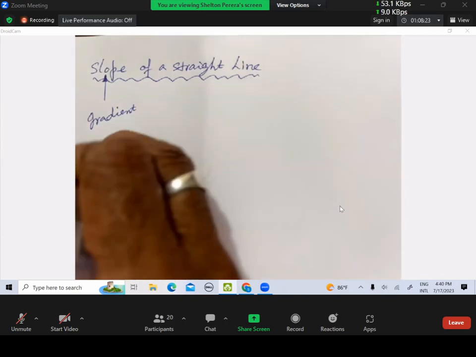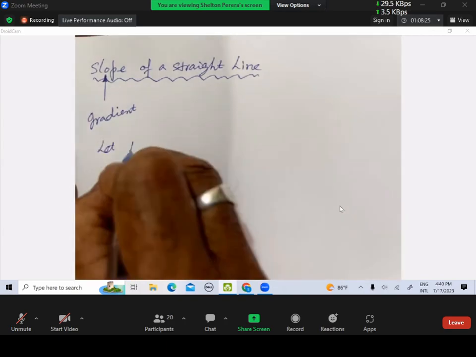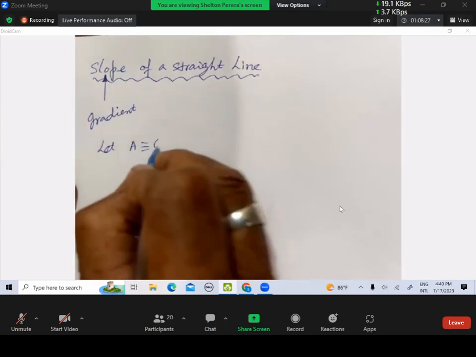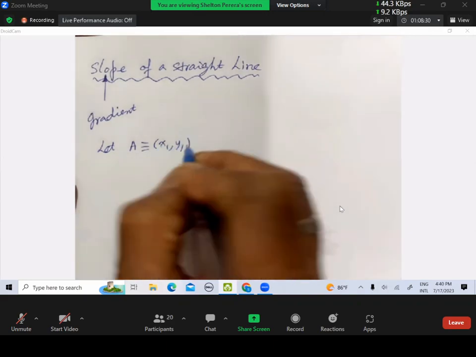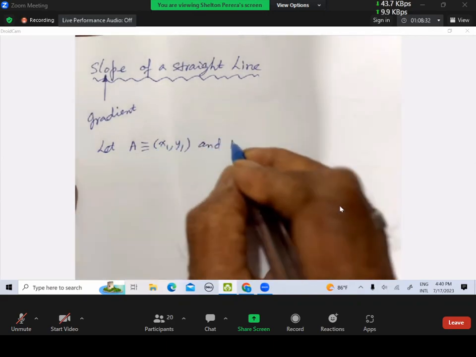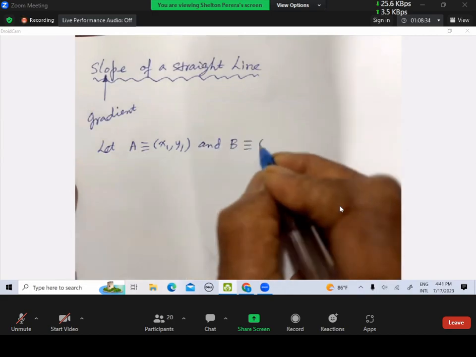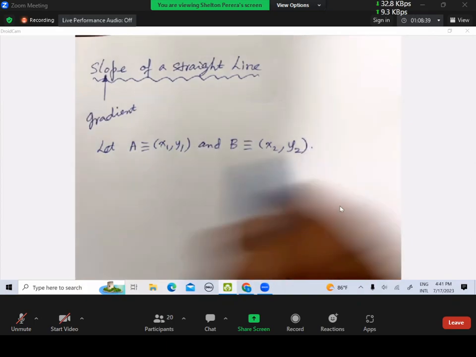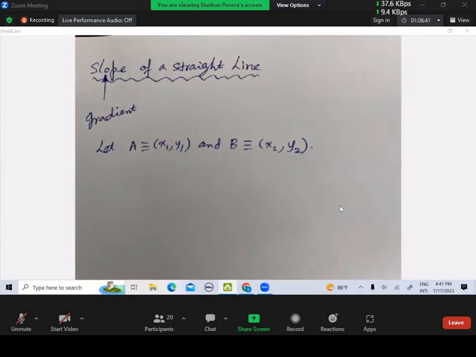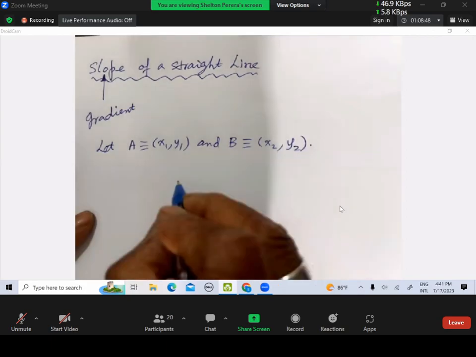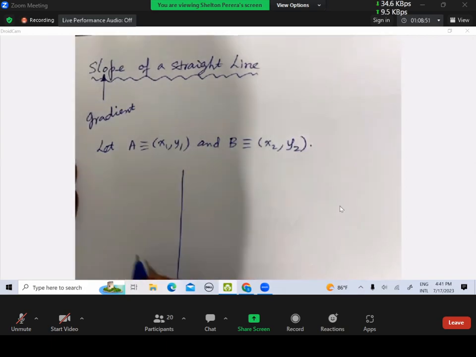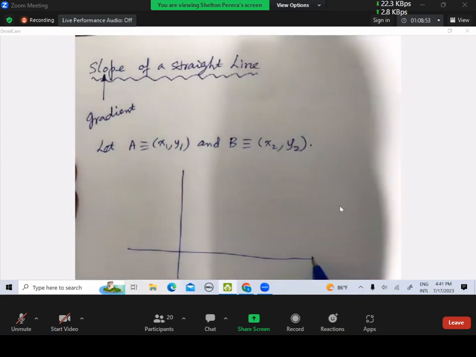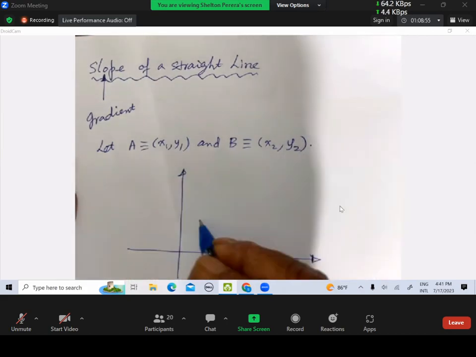Now let A have coordinates x1, y1 and B have coordinates x2, y2. Then we are taking 2 points in the xy plane. What we want to do is draw a diagram, the same diagram for the third time.